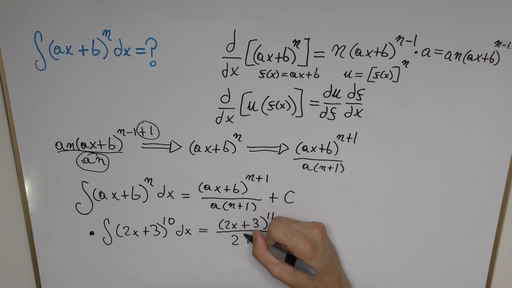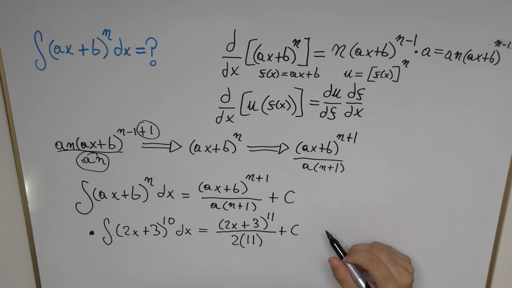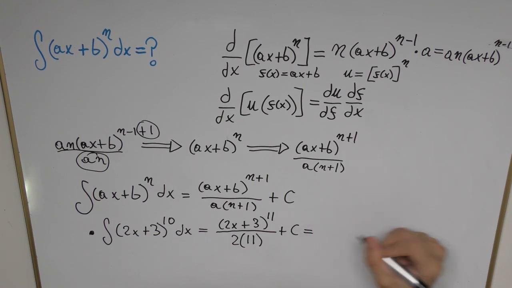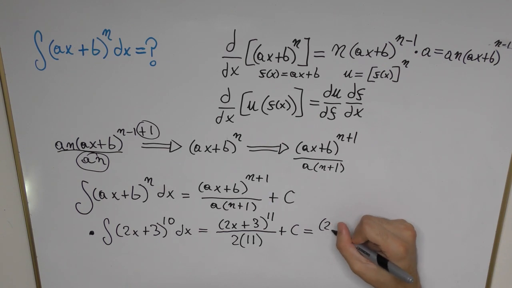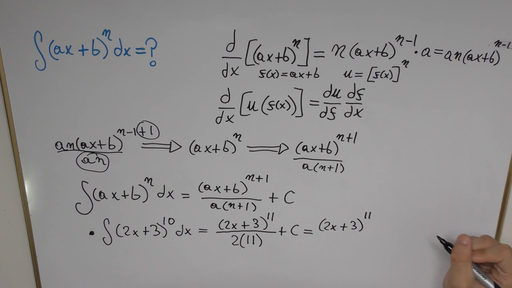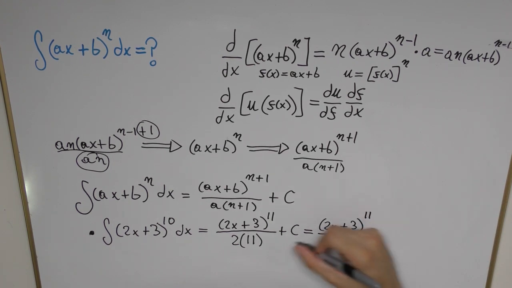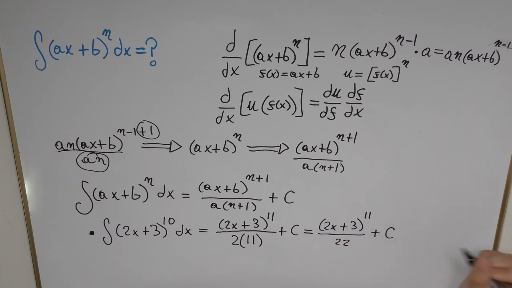And in this case, that's going to be 2. Okay, and then we just place a constant c over here. And now to finish that off, we're just going to simplify this expression. So we have 2x plus 3 to the power of 11, and that's going to be divided by 22 plus c.